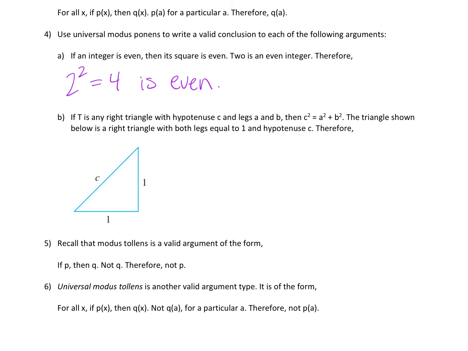The triangle shown below is a right triangle with both legs equal to 1 and a hypotenuse C. Therefore, C squared equals 1 squared plus 1 squared, which is really all we can conclude. And then we could use a little algebra after and say, thus, C equals square root 2.